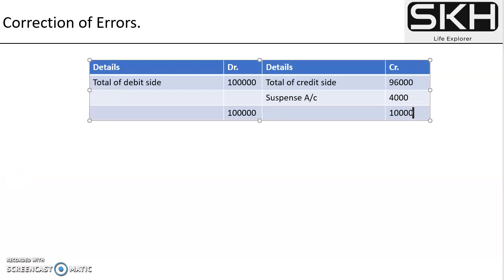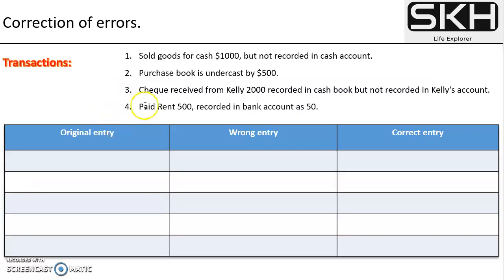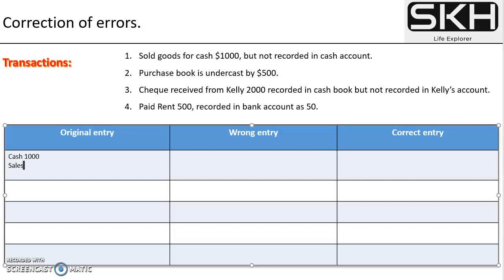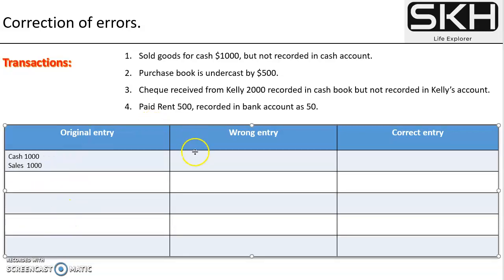Let's see a few of the mistakes now with examples. For example, look at this transaction: sold goods for cash 1000. The original entry should be cash debit by 1000 and sales credit by 1000. But what mistake have we made? It was not recorded in the cash account. We only recorded this transaction in the sales account, which we did correctly.